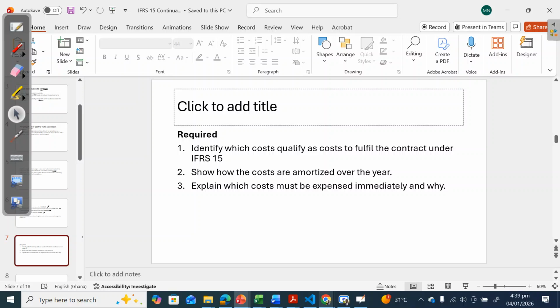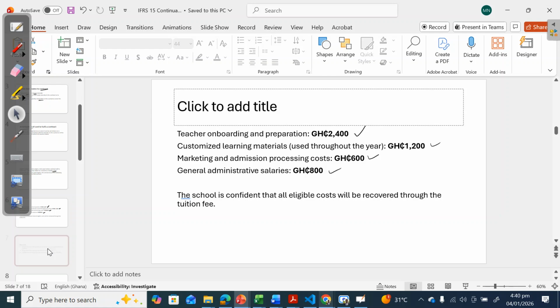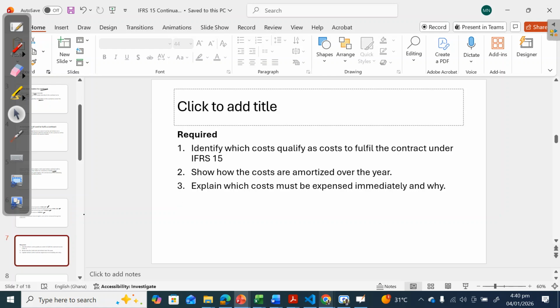Required. Identify which costs qualify as costs to fulfill the contract under IFRS 15. Show how the costs are amortized over the year. Explain which cost must be expensed immediately and why. So we need to look at them one by one. So identify which costs qualify as costs to fulfill a contract under IFRS 15.